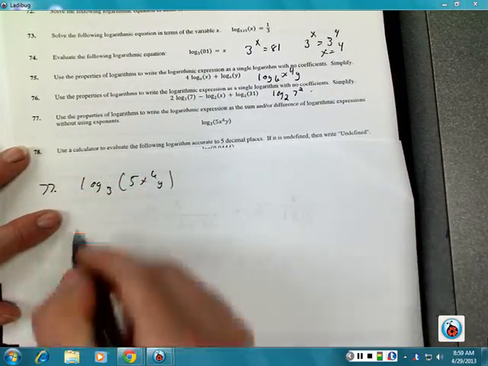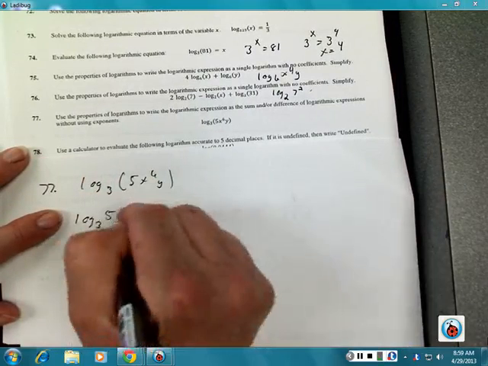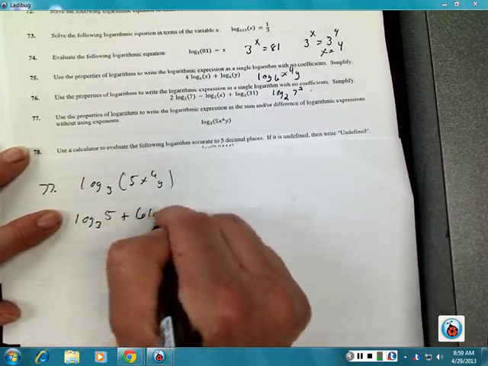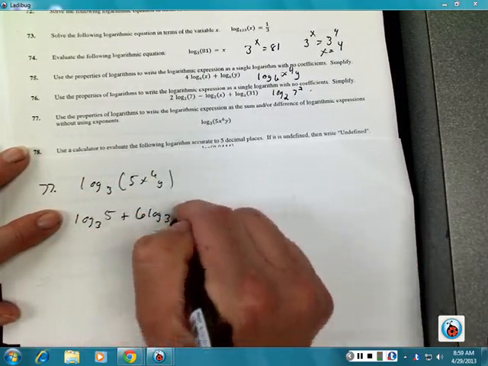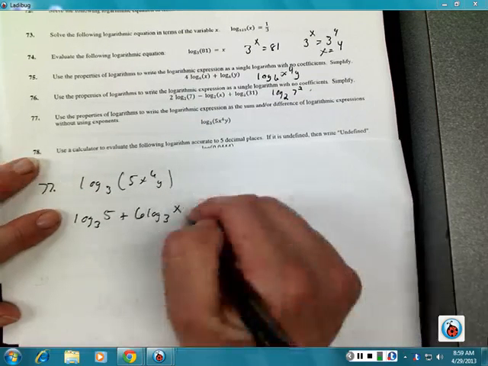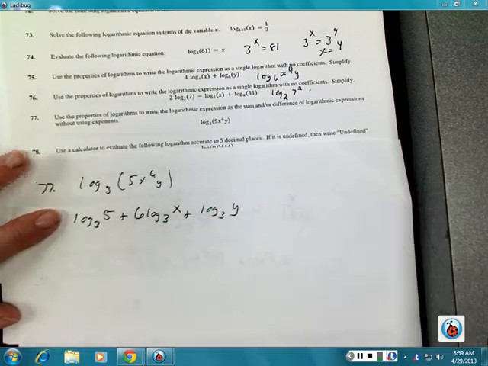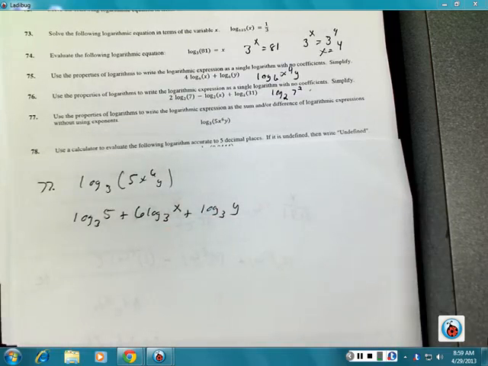If I expand it, it's going to be log base 3 of 5 plus 6 log base 3 of x, and this exponent goes out in front, and finally plus log base 3 of y. So you just expanded it out. We'll go with that.